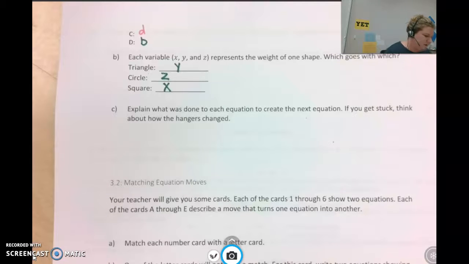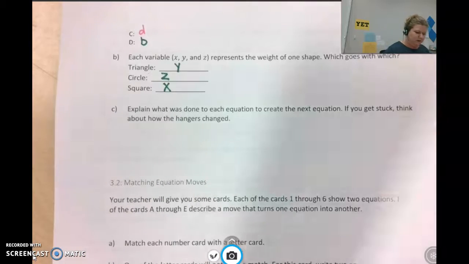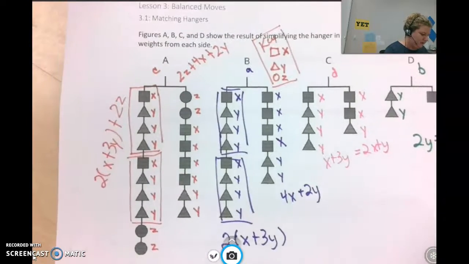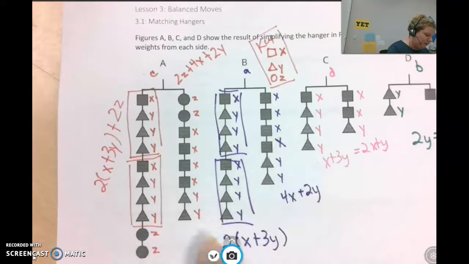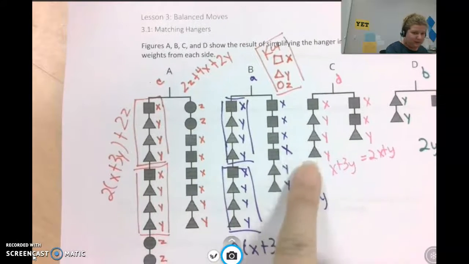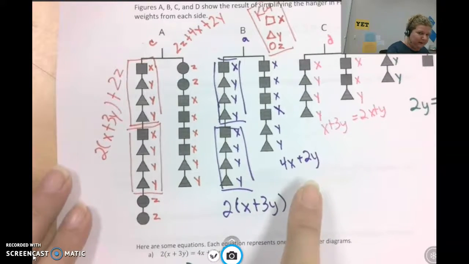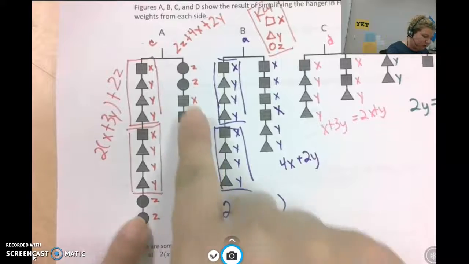Explain what was done to each equation to create the next equation. It says if you get stuck, then think about how the hangers changed. So we look at the hangers. From hanger A to hanger B, I no longer have the circles.